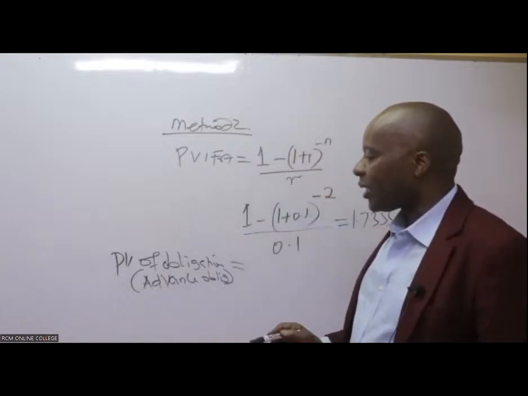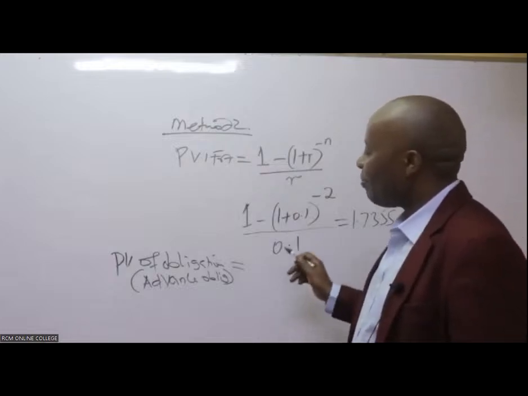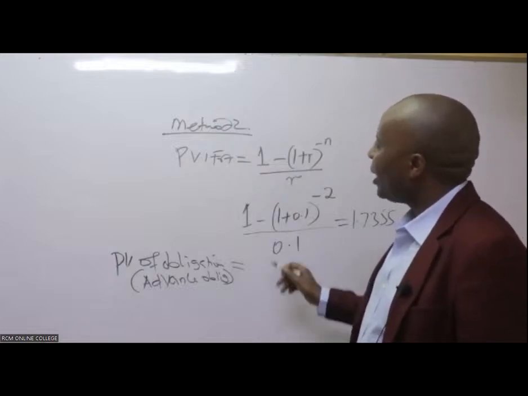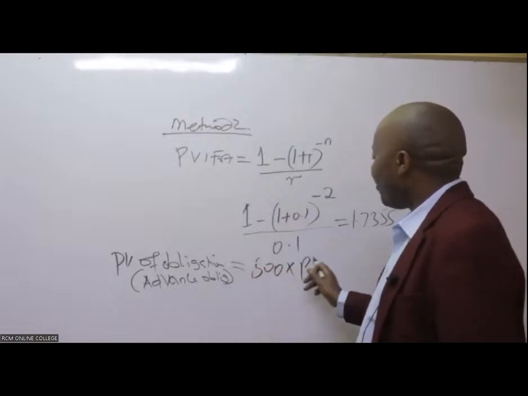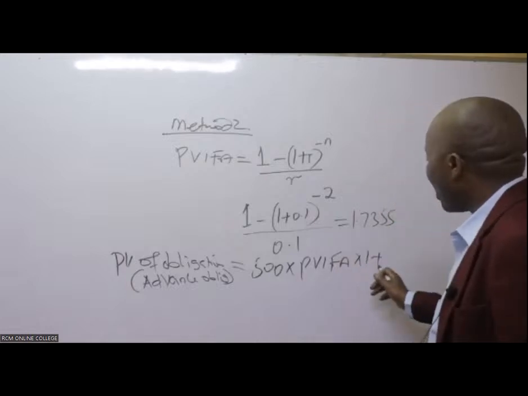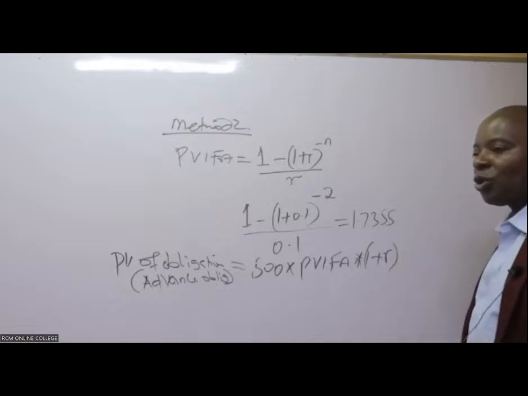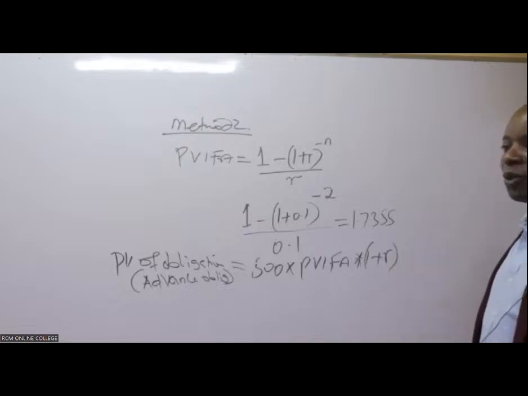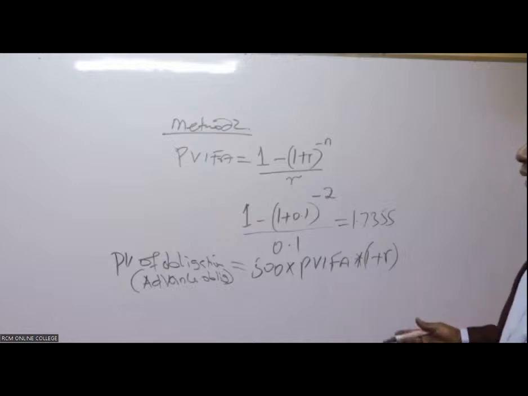So for the present value of the obligation with advance payment, I will take the lease rental, which is 500, multiplied by PVFA, multiplied by 1 plus R. This is what you were taught in those old days when there is an advance payment.